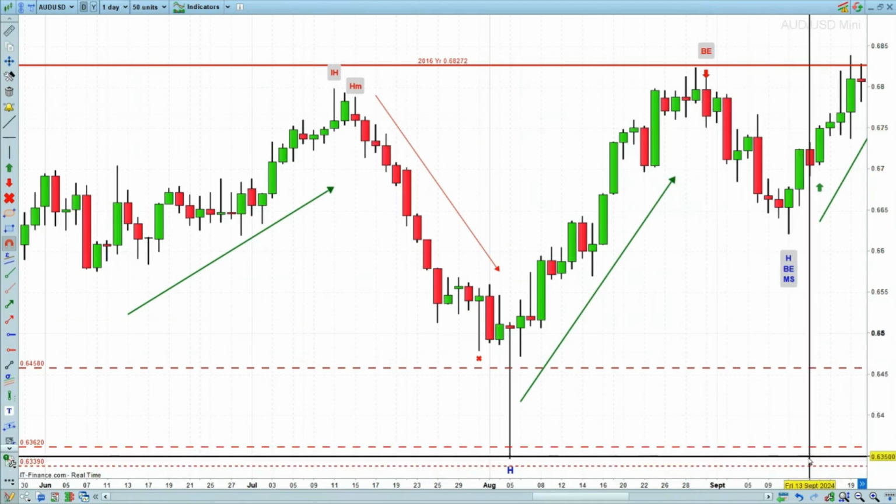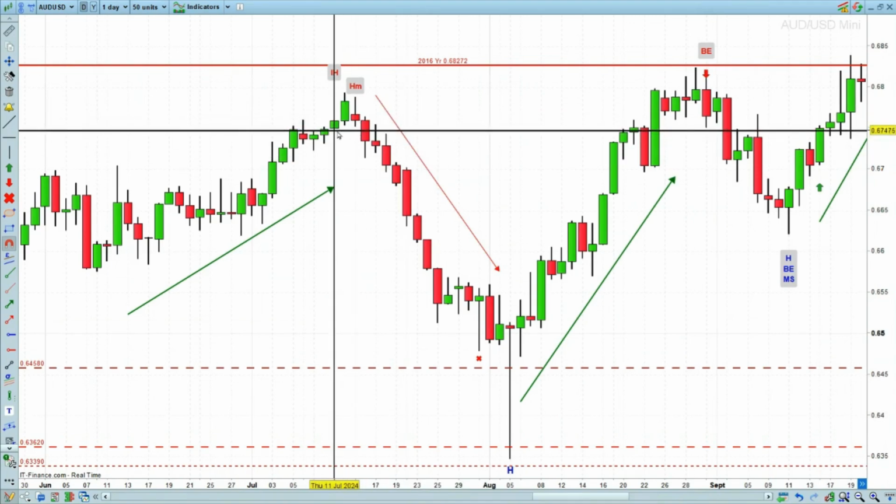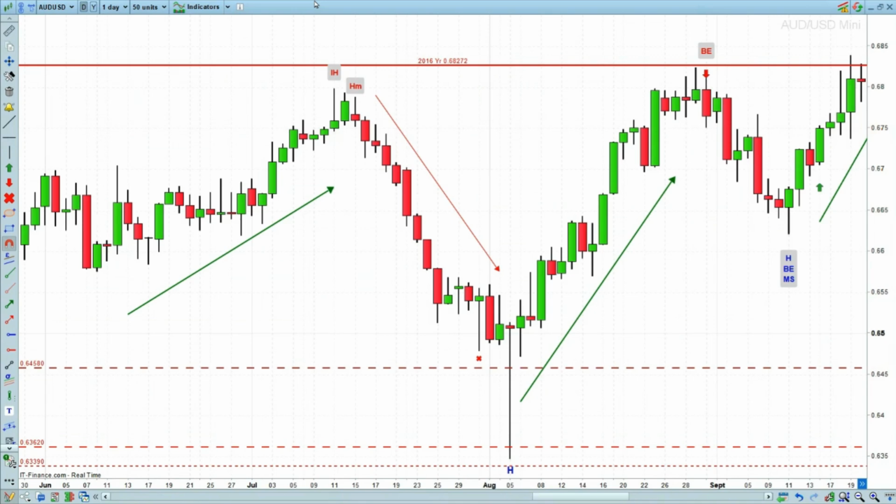The inverted hammer is just the opposite of the hammer, and it should not have much of a lower wick. An inverted hammer should appear after an uptrend at a resistance.